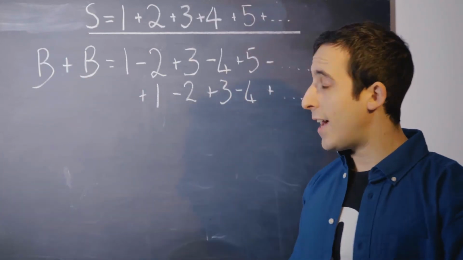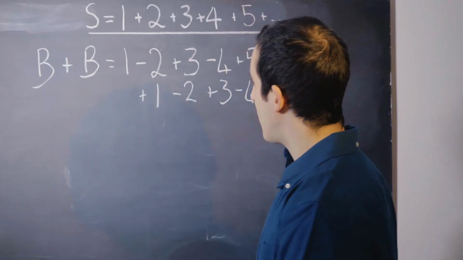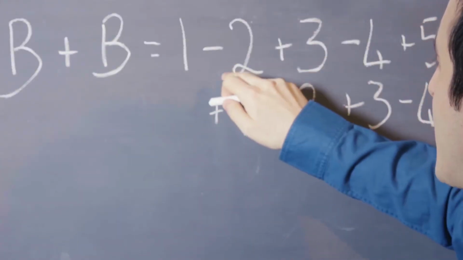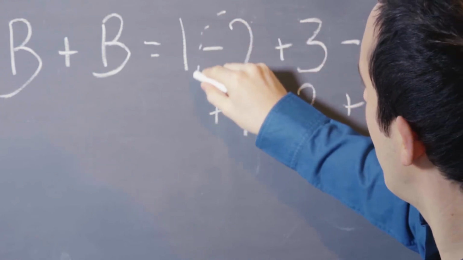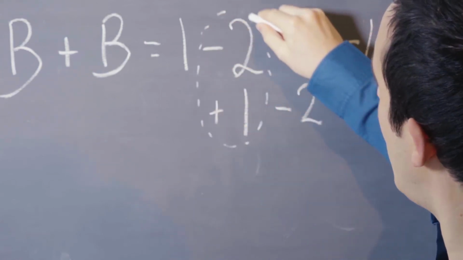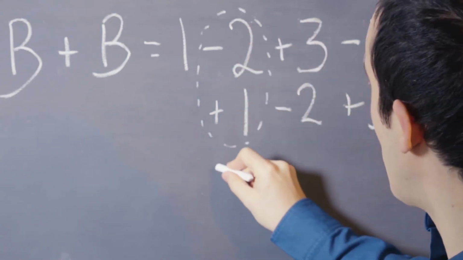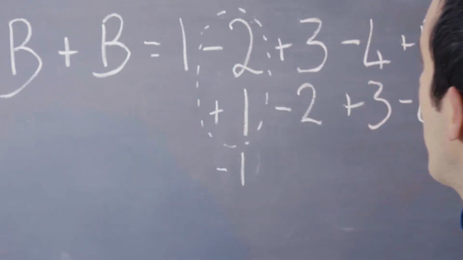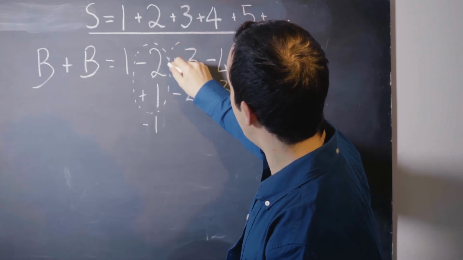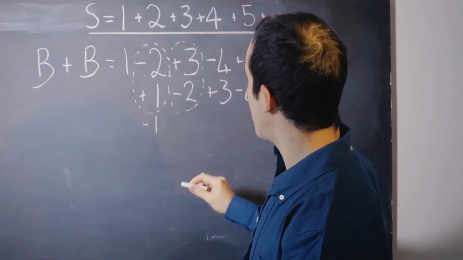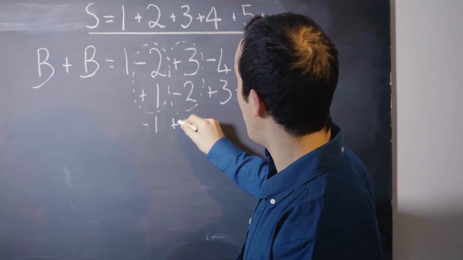And just like we did for A, we can make an observation at this point, right? If we pair the first term in the second B with the second term in the first B, minus 2 plus 1, we have minus 1. And then if we pair the next two terms together, plus 3 minus 2, we get plus 1.